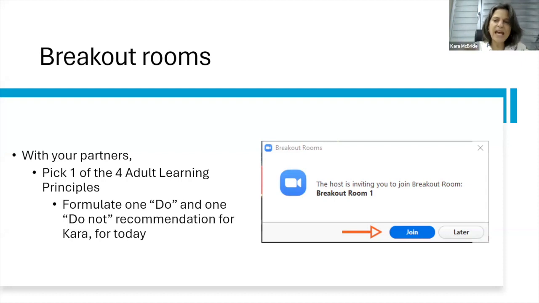And if you look at the bottom of your handout, there are some examples, and one do not. So, Kara, if you are going to have a good workshop, you need to follow the adult learning principles. So please do not lecture for 2 hours straight about boring stuff. That's a do not, right?